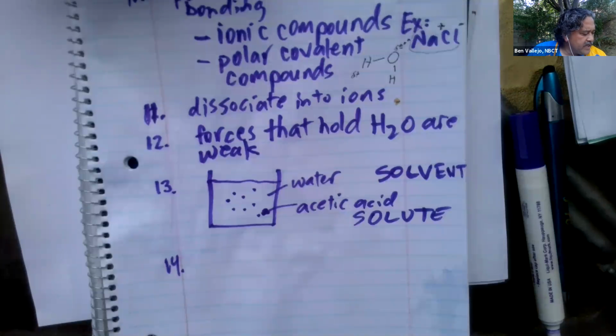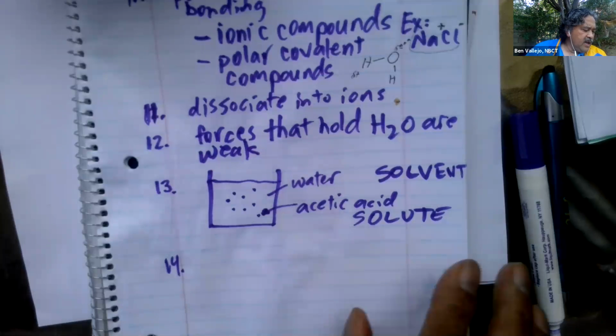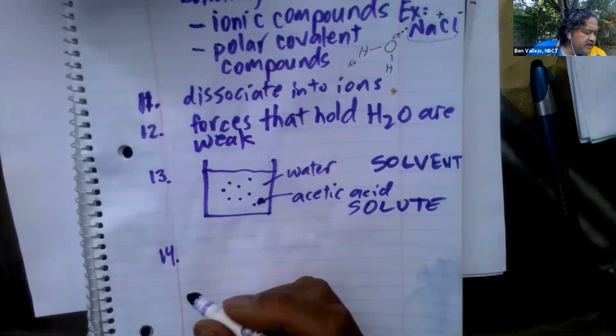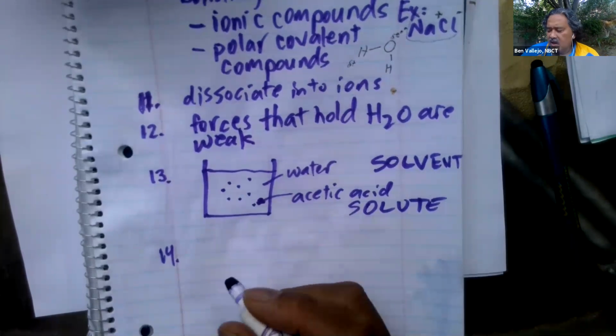Also, if this doesn't make sense, you can go back and try the sample problem on page 500, if you need more practice. And there's also questions 8 and 9 on page 500 that are not assigned, but you may want to do those if you're having trouble following number 14.